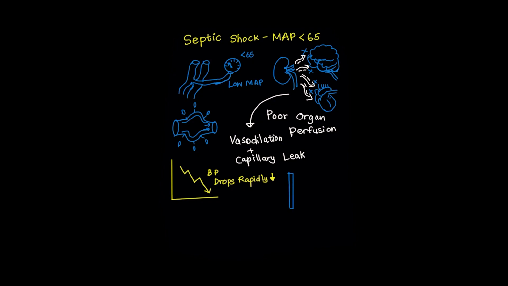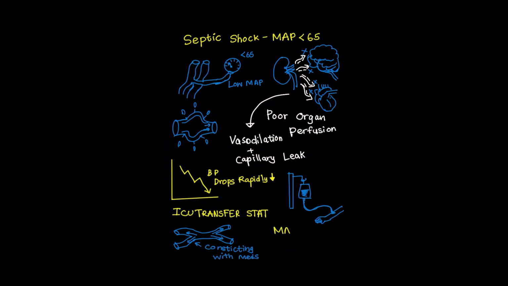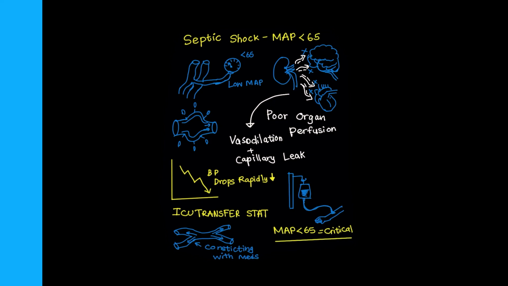Without immediate vasopressor support to constrict vessels and restore pressure, organs begin failing within hours. Temperature of 101 and white count of 11,000 show infection, but not shock. Respiratory rate of 20 is normal. MAP below 65 is the critical value indicating hemodynamic collapse, requiring ICU-level vasopressor support to prevent death.